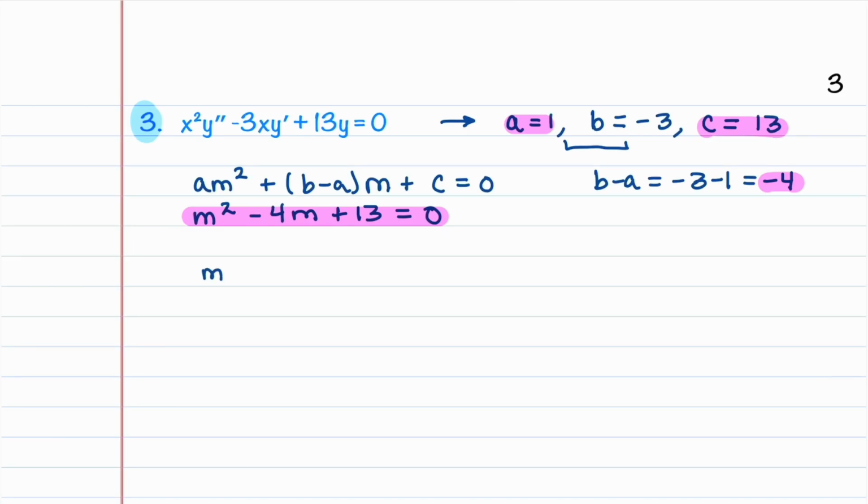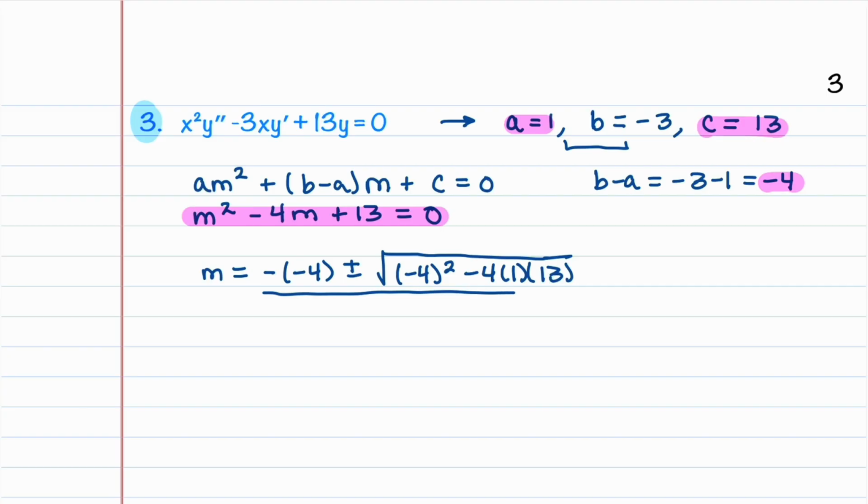So we get m is equal to negative b, so that's minus a negative 4, plus or minus the square root of b squared, so that's minus 4 squared, minus 4 times a, which is 1, times c, which is 13. And we're going to divide all of this by 2 times a, which is 1. Let's see what we get. This is 4 plus or minus the square root of 16 minus 4 times 13, that is 52.